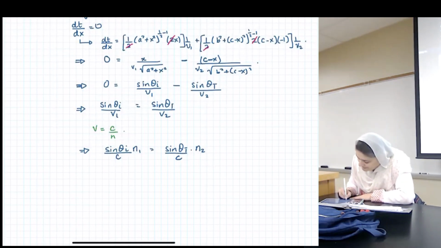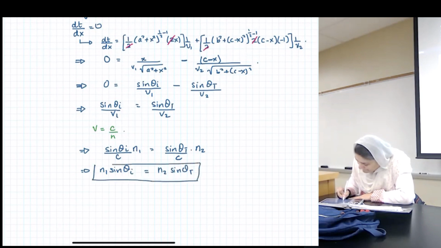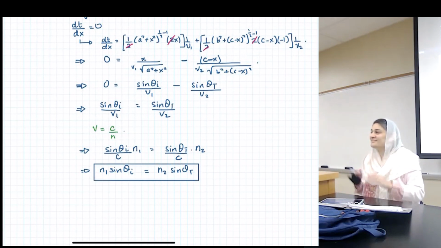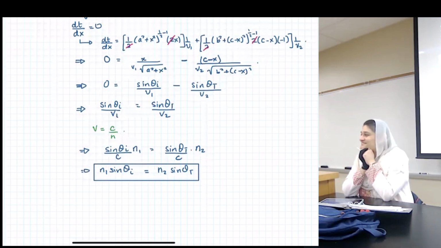And what are we left with? n1 sine theta I equals n2 sine theta t. Woohoo! Isn't that beautiful?